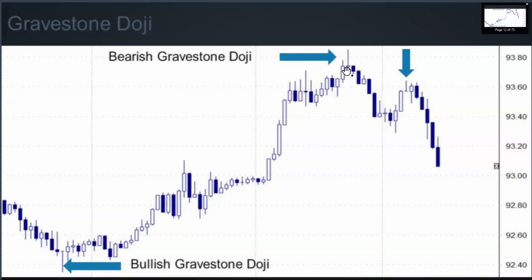So you see this one now, this is a gravestone. This is a bullish gravestone doji. This is a bearish gravestone doji. Look at this, this is another bearish gravestone doji. So you see a gravestone doji here, it moves the market. You see a gravestone doji here, it moves the market. You see a gravestone doji here, it buys the market. Isn't it?